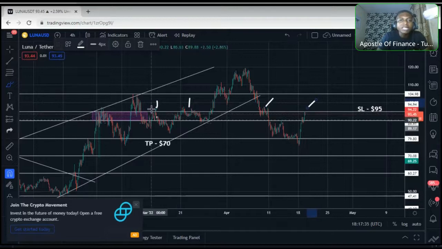Now you see what price did here and was rejected to the downside. Price came to that same level again and was rejected. Price finally broke out of that level, and went up.